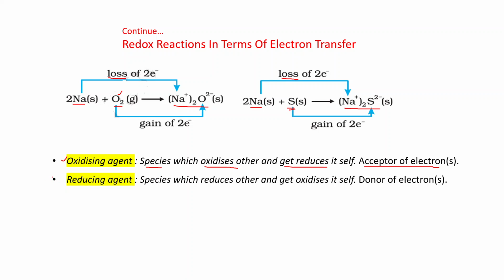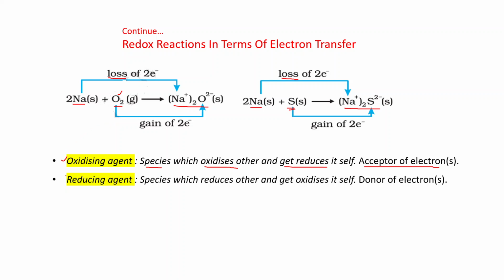In the same way, oxygen is reduced. Why is it reduced? Because it gained the electron. Who is supplying this electron? Sodium is supplying the electron. So we can say sodium is responsible for the reduction of oxygen. So sodium is a reducing agent.